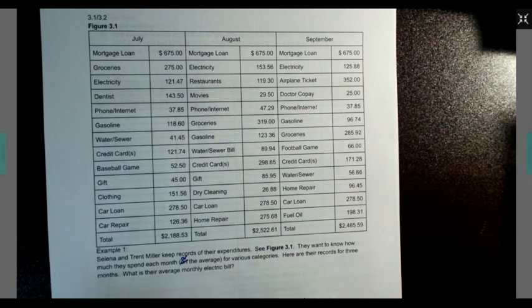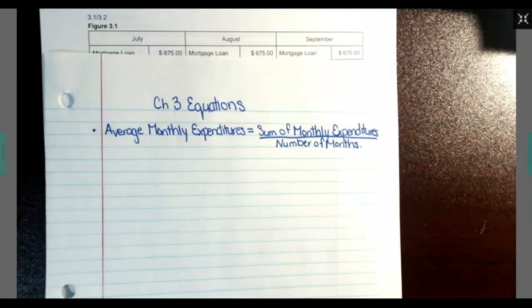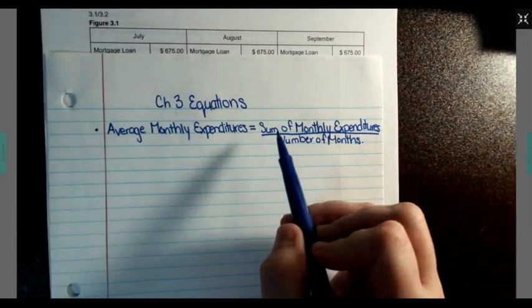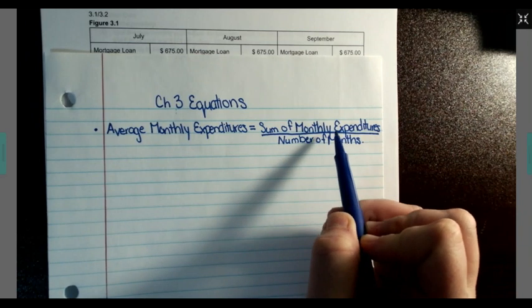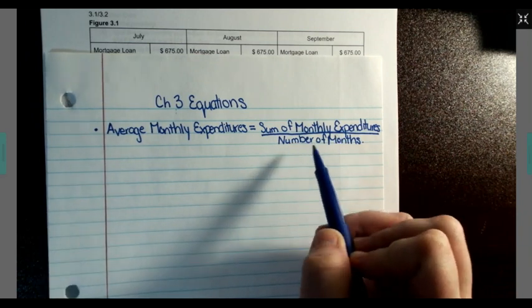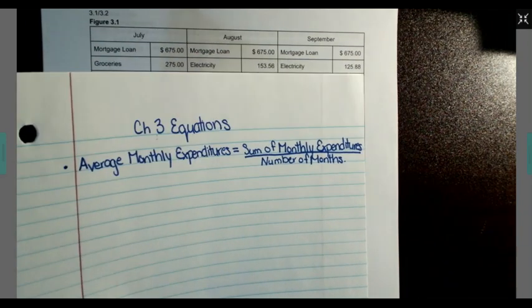Here are their records for 3 months. What is their average monthly electric bill? Well, to find their average monthly for any expenditure, I'm going to take the sum of the monthly expenditures and divide by the number of months.